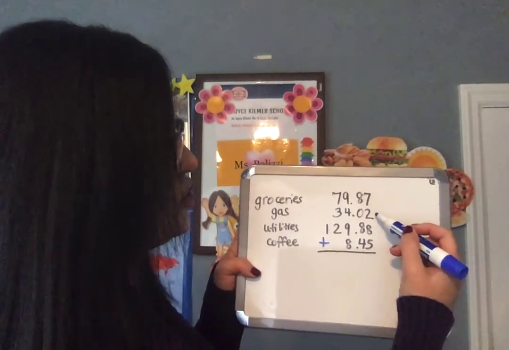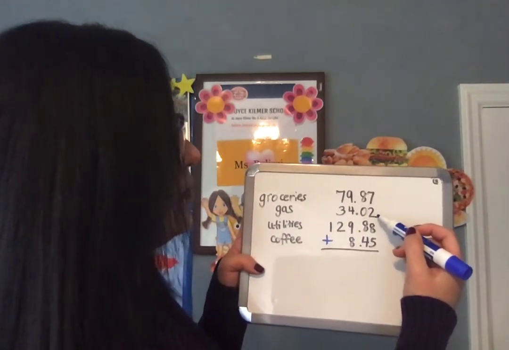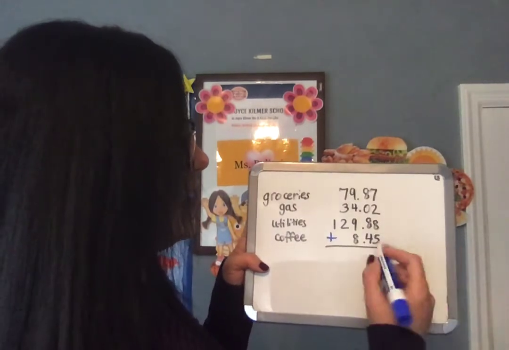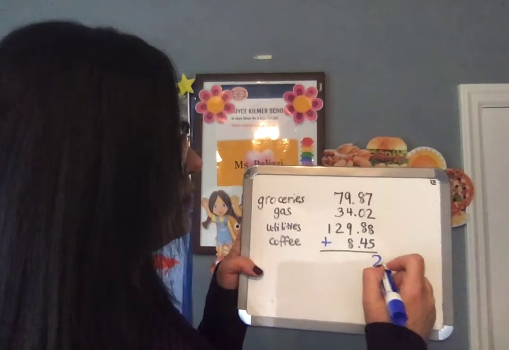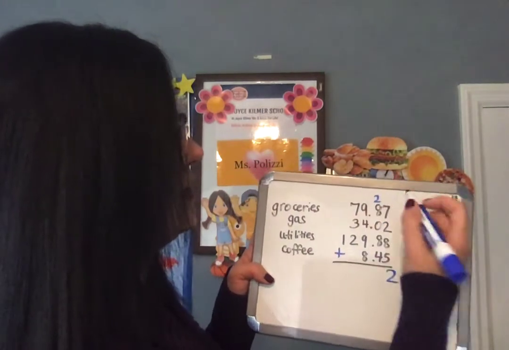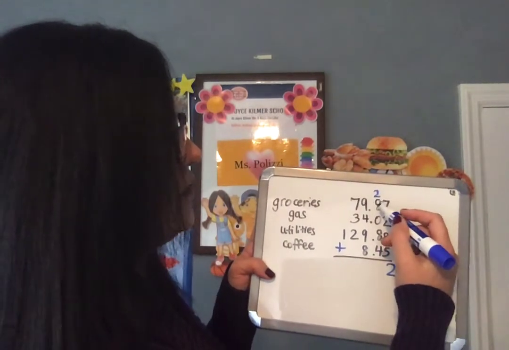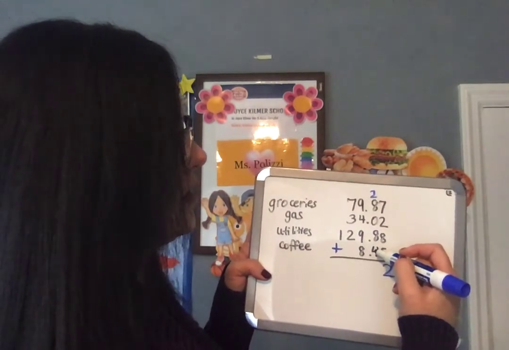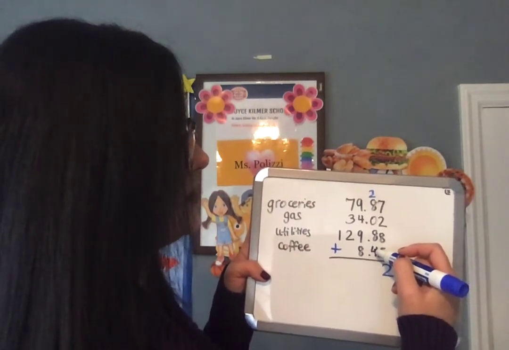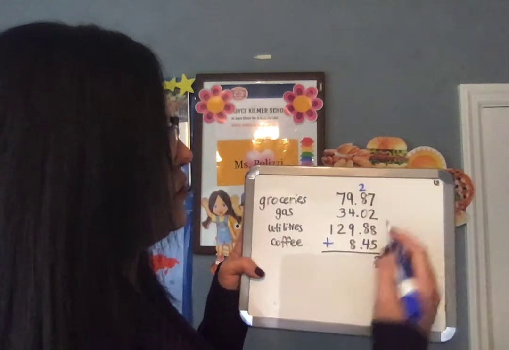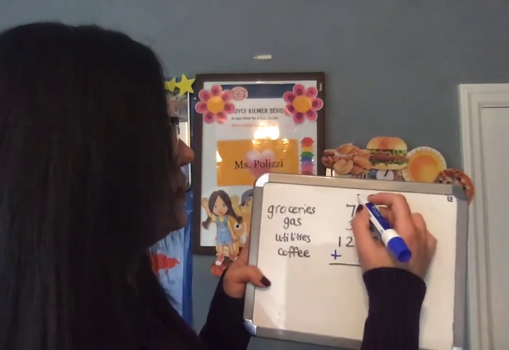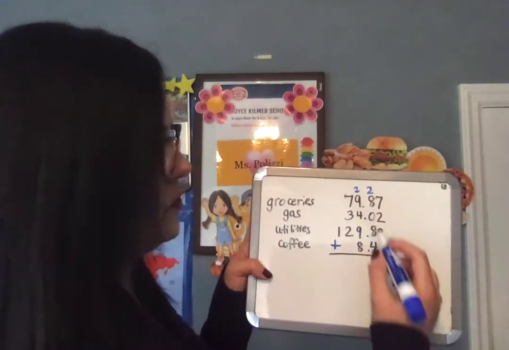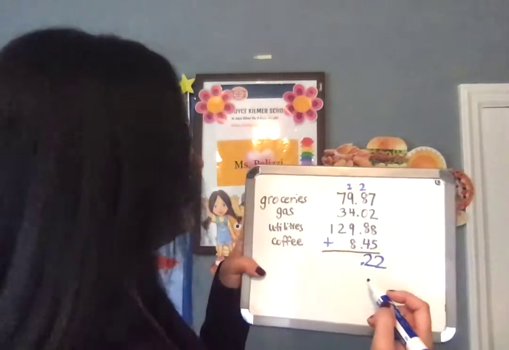Okay, 7 plus 2 is 9, plus 8 is 17, plus 5 is 22. Bring up your 2. And we have 8 plus 8 is 16, plus 4 is 20, plus 2 is 22. Okay, bring up your 2. Don't forget to continue lining up your decimal point.